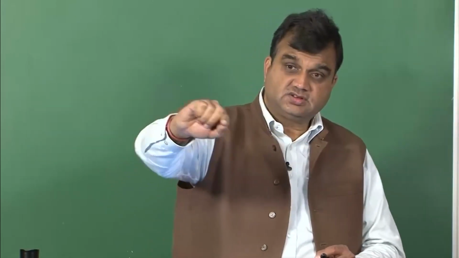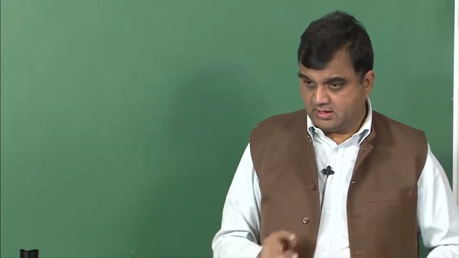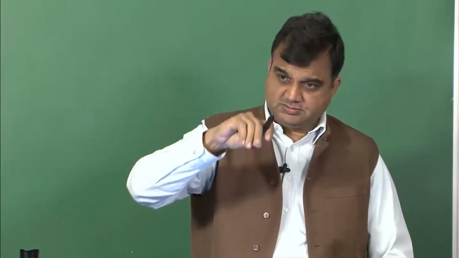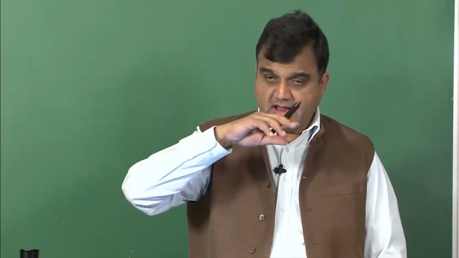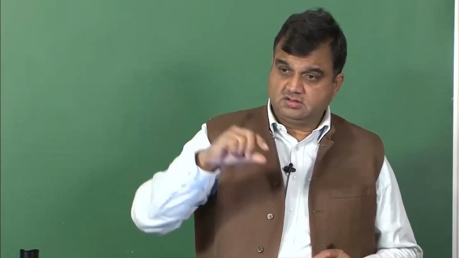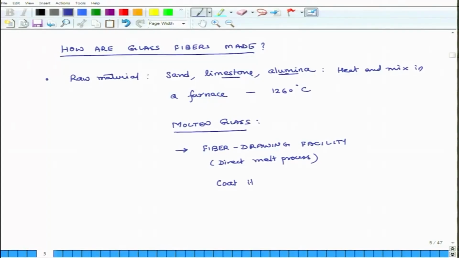So, you get a continuous fiber out of that, and as it is coming out, you also spray some light water so that it becomes solid and gets quenched. And then after it has become cold, you again spray or coat it with size. What does this do?